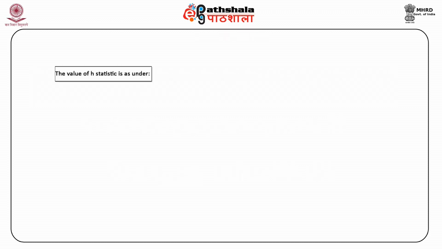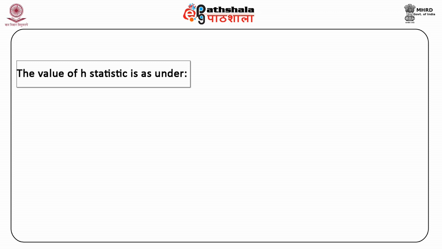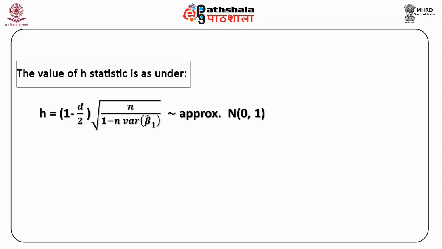In that case, the value of the h statistic is defined as under. h is equal to 1 minus d by 2 into under root of n upon 1 minus n into variance of beta 1 hat.